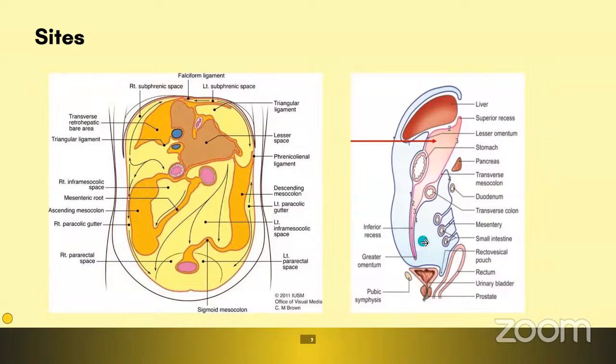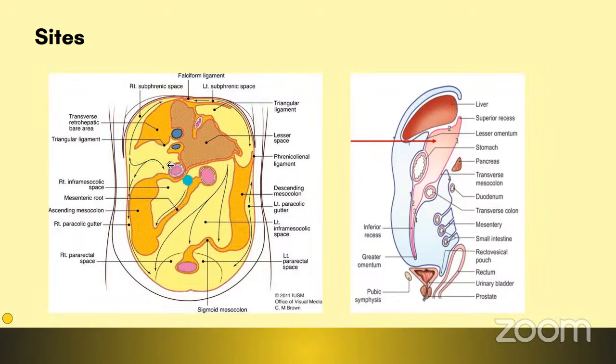Usually the amount is very, very less, like less than around 5 to 10 ml normally, or much lesser than that. So if at all, due to many diseases or even trauma, blood, chyle, or other fluid substances can get accumulated in these spaces. And also depending on the position of the patient, if he is sitting or in supine position, there are dependent parts where these fluids can just float and get accumulated.